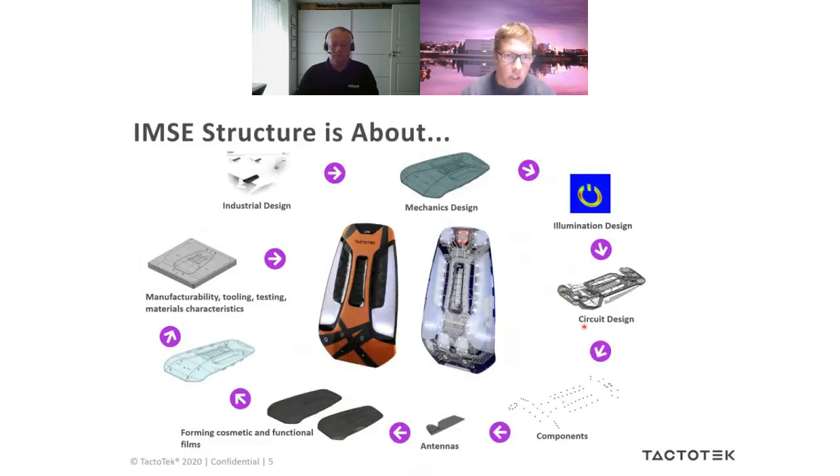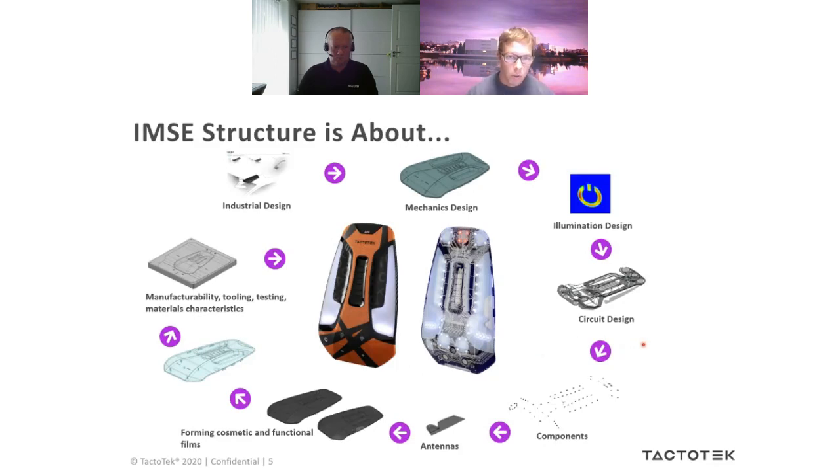If we go into more detail on what the IMSE structure is, we can see that it contains many different disciplines like mechanics design, illumination design, electronics design. Of course, there is industrial design and so on. In addition, it contains many different parts like mechanics, electrical components, electrical circuits.